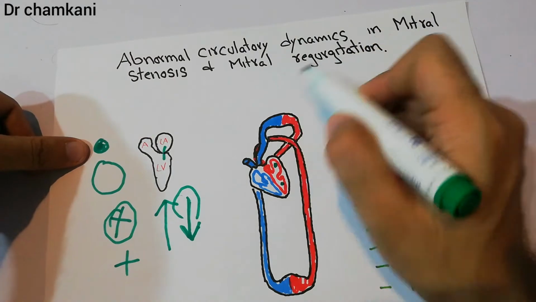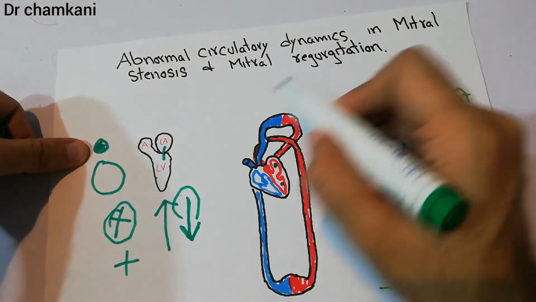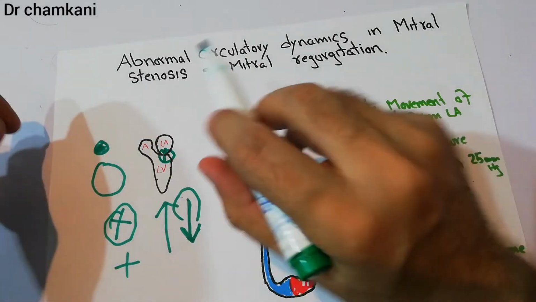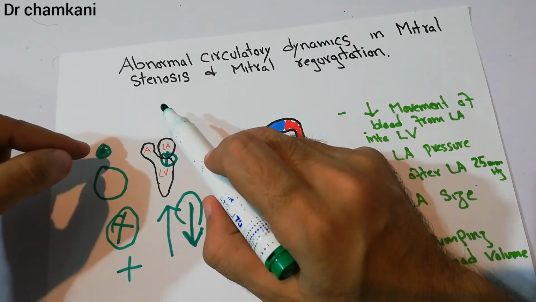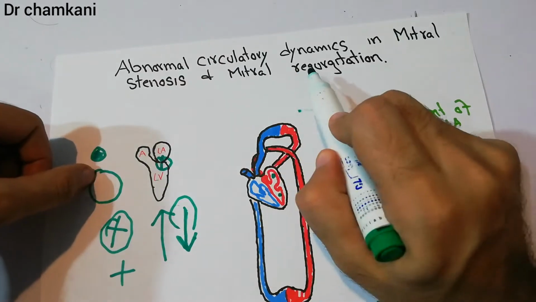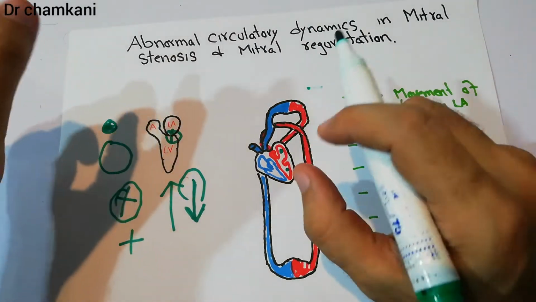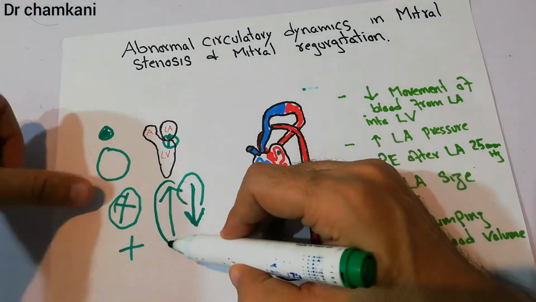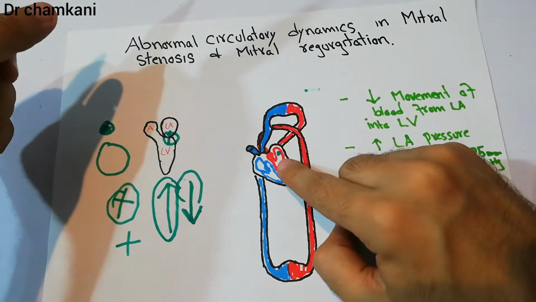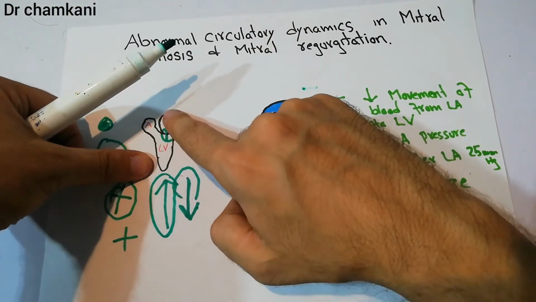In mitral regurgitation, blood goes back. In stenosis, the area of the valve was decreased, but in mitral regurgitation, the valve is incompetent, and it allows the backward movement of the blood in systole. When the left ventricle contracts, some blood goes back into the left atrium.